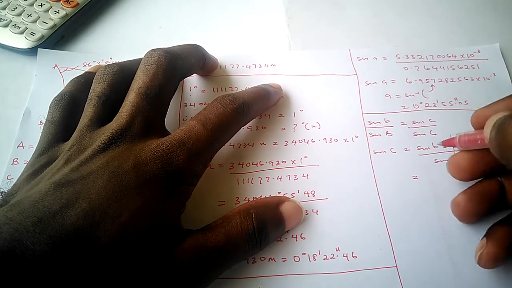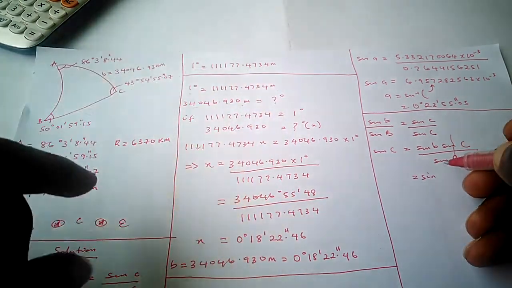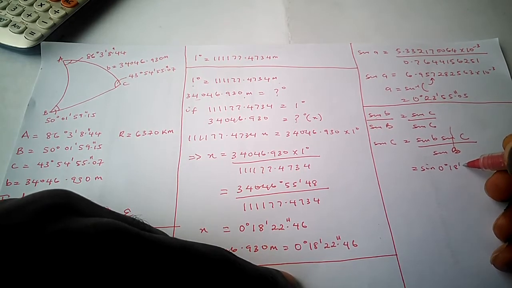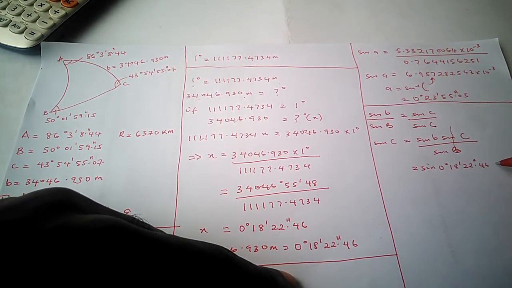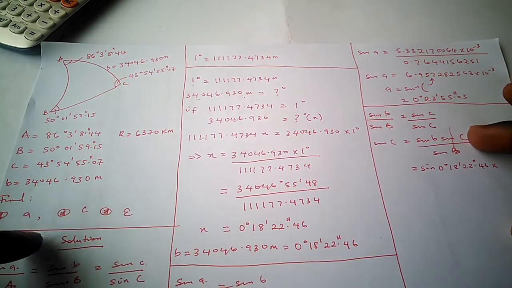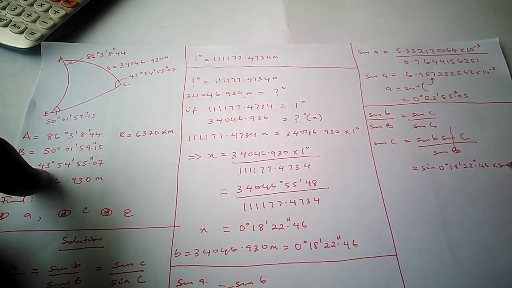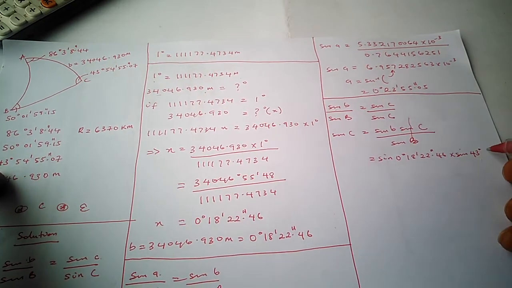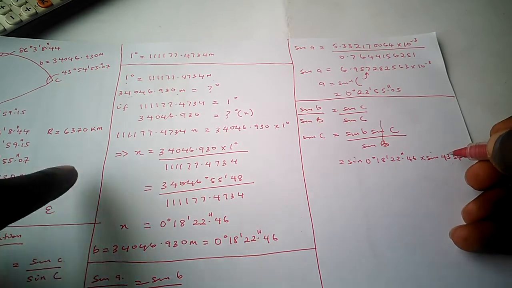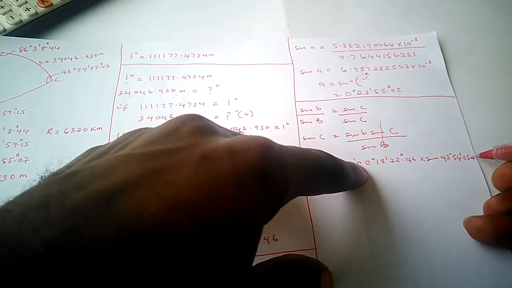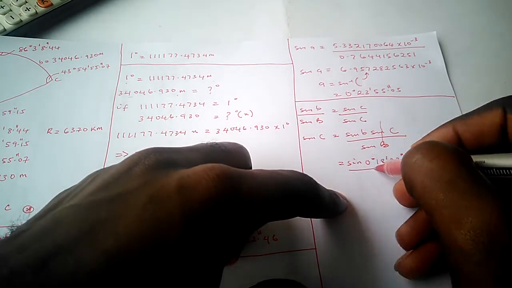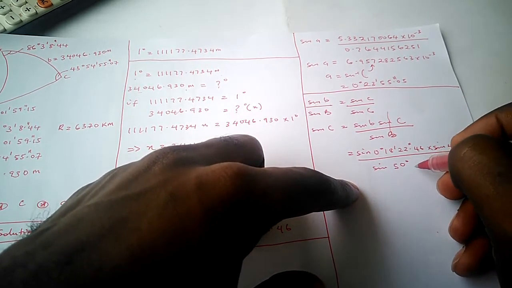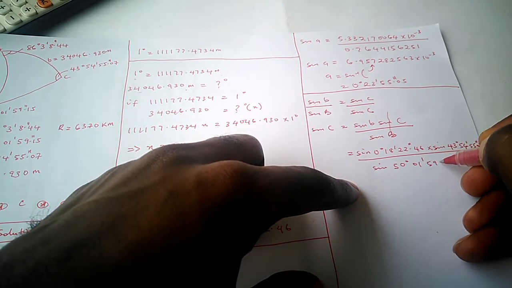So the side B we computed earlier was given as 0 degrees 18 minutes 22.46 seconds, times the angle C we already have, which is sine 43 degrees 54 minutes 55.07 seconds, divided by sine B, which is 50 degrees 01 minutes 59.15 seconds.